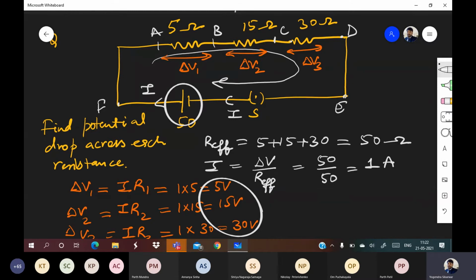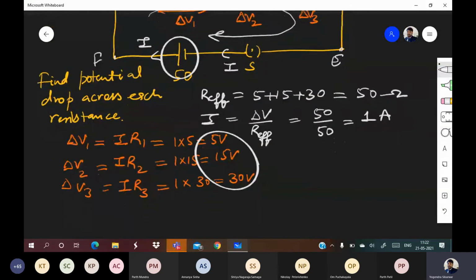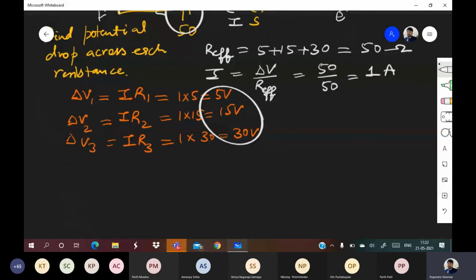So for the entire loop, what you can conclude is that in a closed loop, the sum of potential drop across each circuit element is equal to 0. Okay, please write this first.